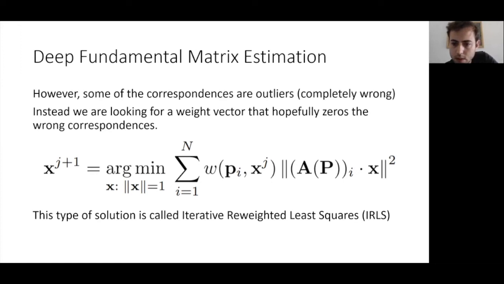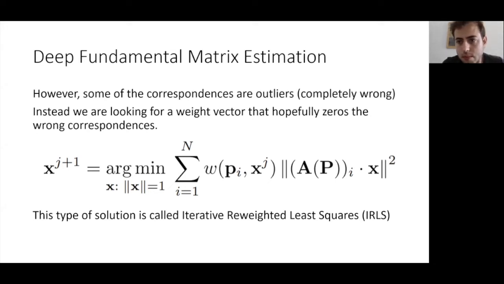The idea is that the weighting matrix is going to be such that when you have an outlier, you don't want to include it in the sum. You will get a weight which is close to 0. And when you don't have an outlier, this multiplication is going to be something reasonable, not too large.